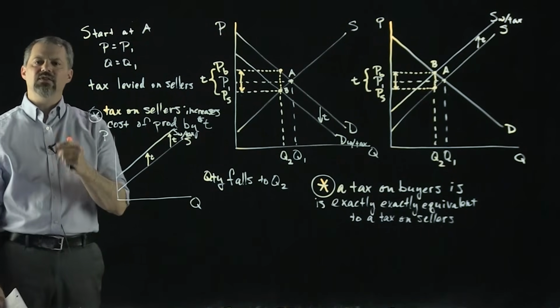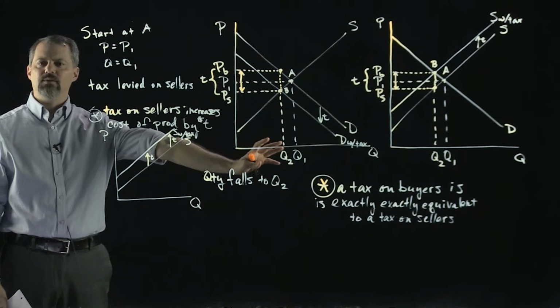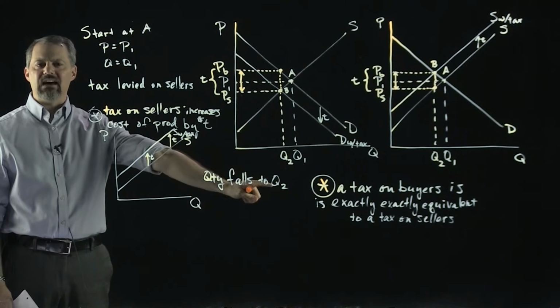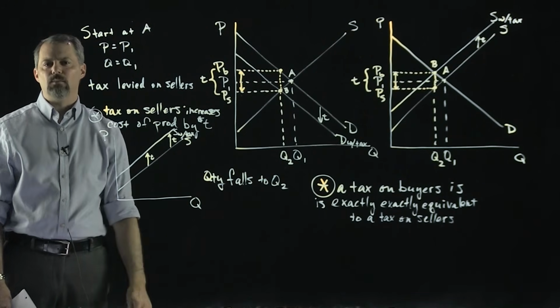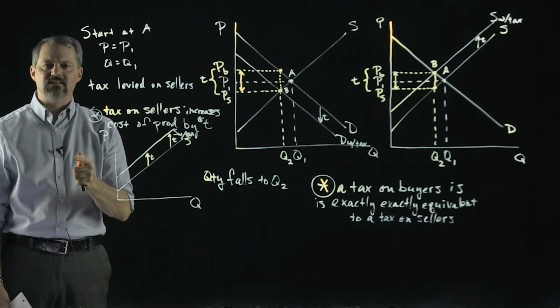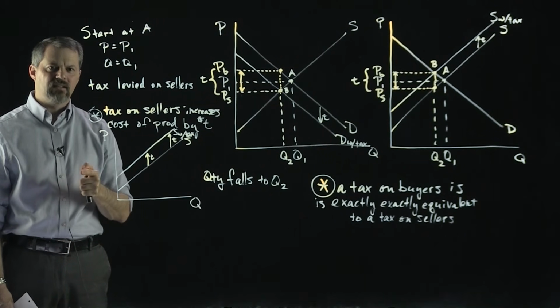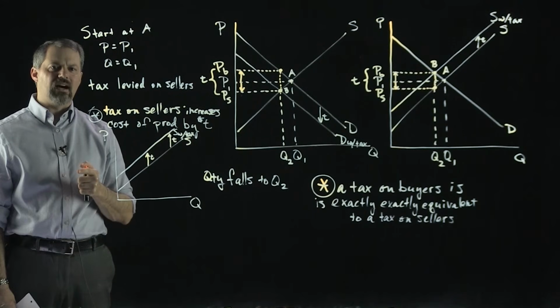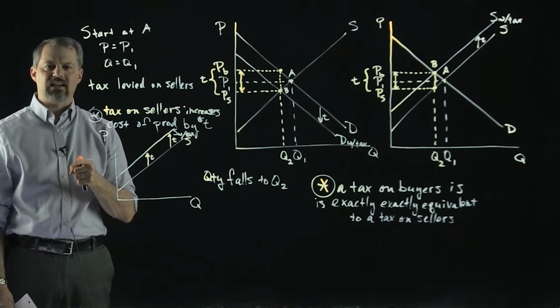It's important because if you think about politics and how much of a particular politician's platform is based on which side of the market they think should be taxed and which side of the market they think should get a tax cut, and then you sit back and realize that it doesn't matter which side of the market you raise taxes on.